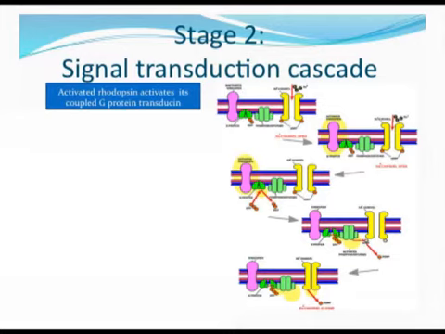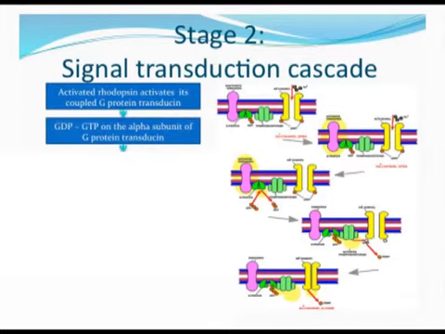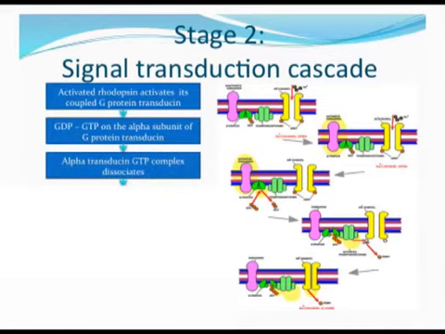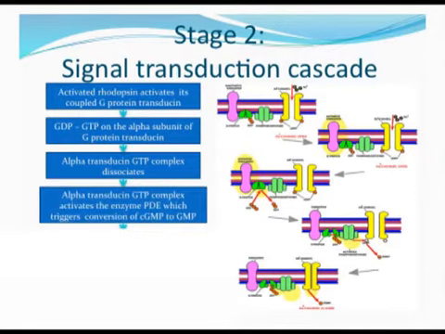So GDP is converted to GTP on the alpha subunit of the transducin molecule. When this happens, the transducin molecule actually leaves the rhodopsin, so it leaves the molecule and activates a different enzyme, the enzyme PDE.